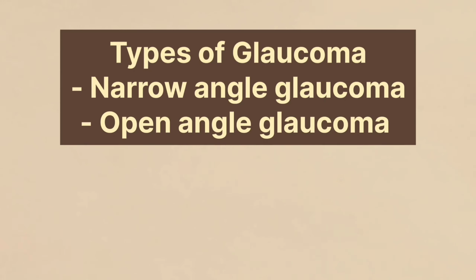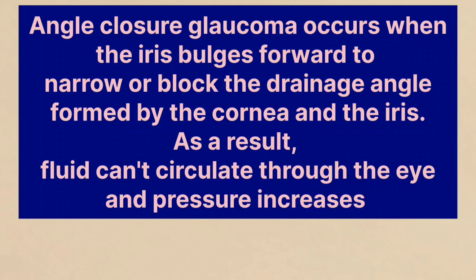There are two major types of glaucoma: angle closure glaucoma and open angle glaucoma. Angle closure glaucoma is also called closed angle glaucoma. It occurs when the iris bulges forward to narrow or block the drainage angle formed by the cornea and the iris. As a result, the fluid cannot circulate through the eye and the pressure increases.